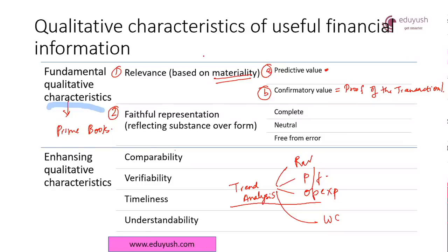If you publish those financial statements, and the economic decisions made by the users are affected because of your mistake, it's said to be material. But if they're not affected, then it is not material. That is the concept. So this materiality is not always in values, it's also in terms of the nature.